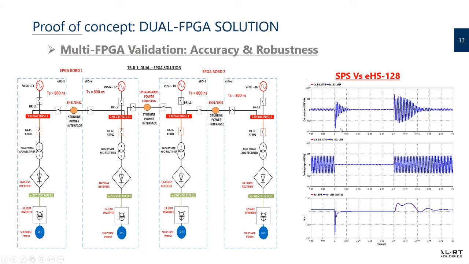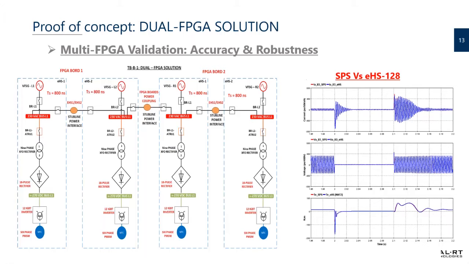So we repeated the same dynamic tests and also the fault tests, and the power decoupling interface has shown good robustness toward numerical instability, and also the losses were very small, negligible. Since the sample time used is very small too, we are talking about something less than 1 microsecond, 800 nanoseconds of real-time sample time.